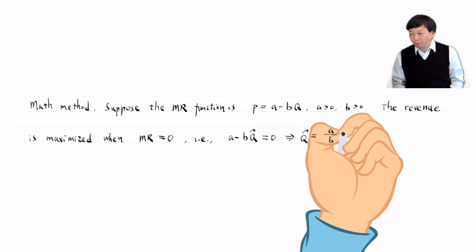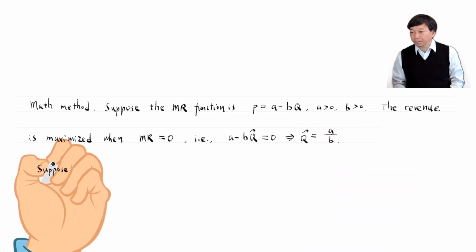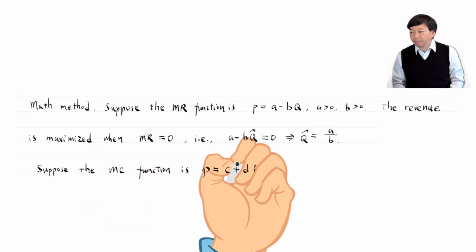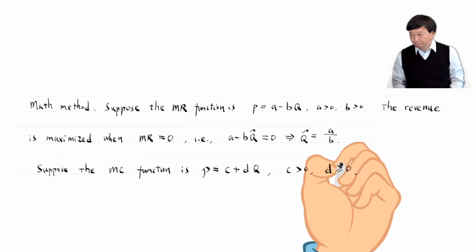Suppose the marginal cost function is P equals C plus D times Q. C is positive and D is not negative. It ensures the marginal cost curve is upward sloping or horizontal.